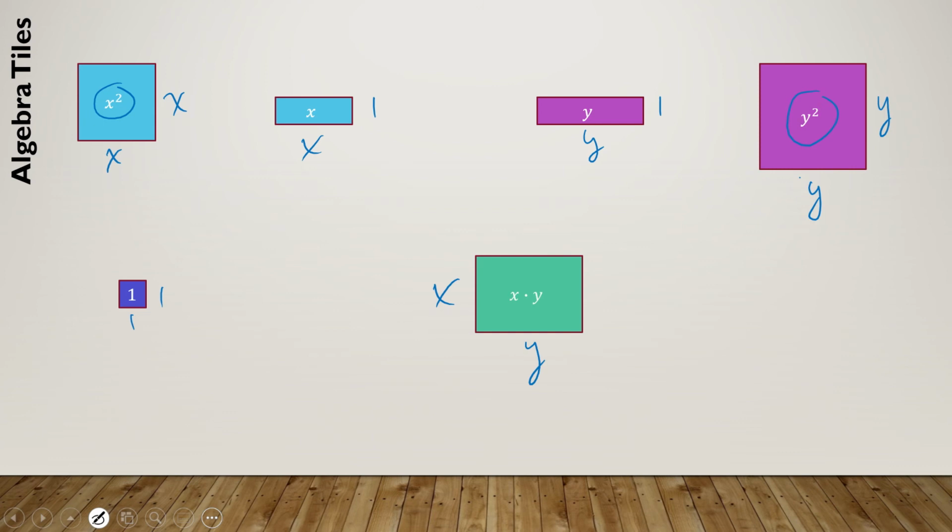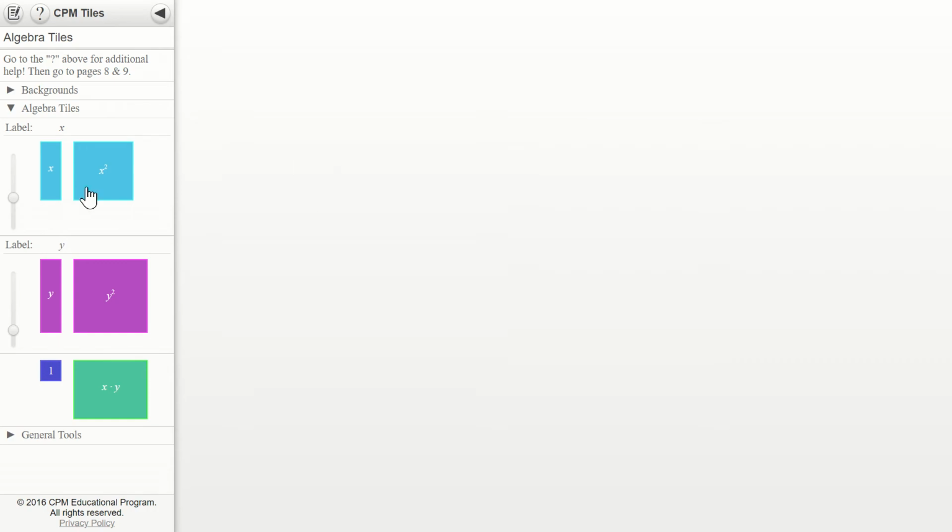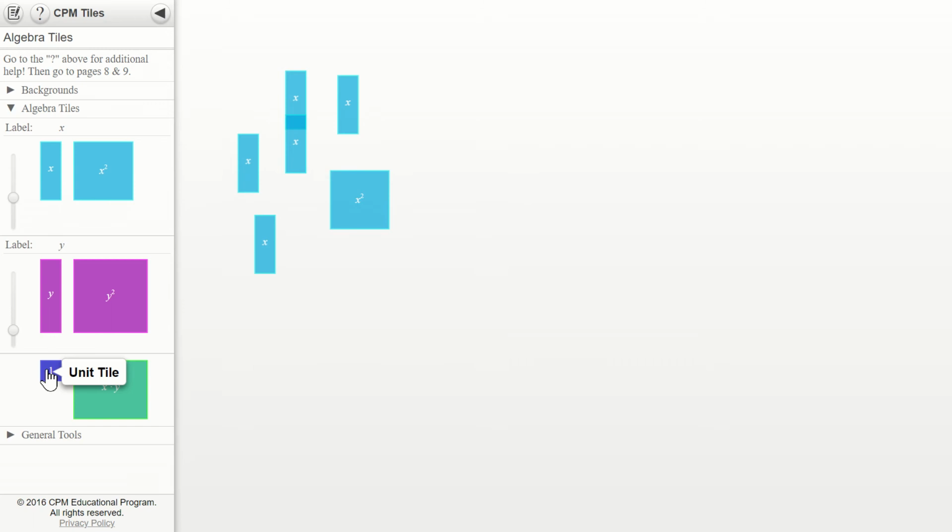And pretty much any time that you would like to, you can jump to the CPM website and use their collection of algebra tiles to model certain situations. For example, if I had a single x squared tile and 5 x tiles, 1, 2, 3, 4, 5, and I'm going to throw some unit tiles on here as well, 1, 2, 3, 4, 5, and 6.